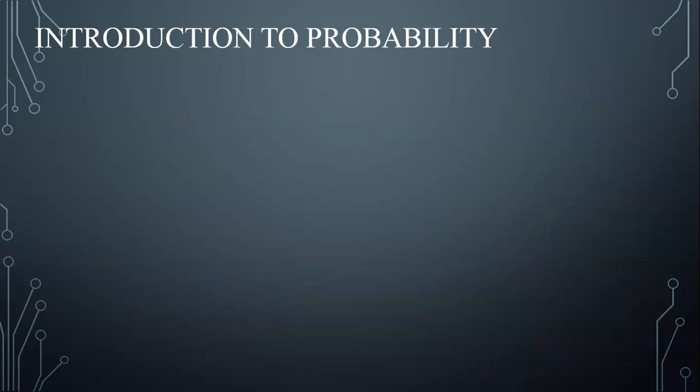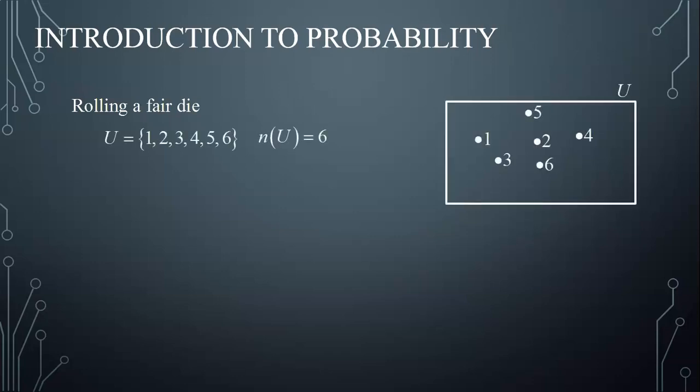Now, for example, if we consider the random experiment consisting of rolling a fair die once, and by fair we mean that the die is not tricked and all faces have the same chance of occurrence. Now, the sample space U would have 6 outcomes consisting of the 6 faces of the die numbered from 1 to 6.